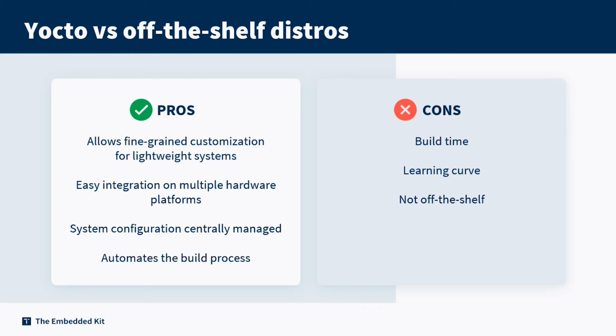But the few cons that come with Yocto, coming back, is the build time. If you have certain packages inside of your system, you can find that it might take hours for it to build your image for the first time. So packages like Chromium, GSLang, a few other major system packages, because everything is compiled from scratch, these can take hours and hours and hours to build if your hardware is not a supercomputer, for example.